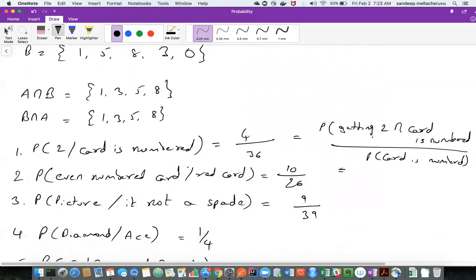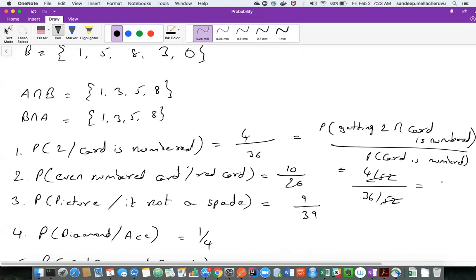Probability of getting a 2 and a numbered card will become 4 by 52. Here there is no condition, so do not reduce the sample space in the numerator or denominator, okay? After using the formula, it will become 4 by 52 by 36 by 52.